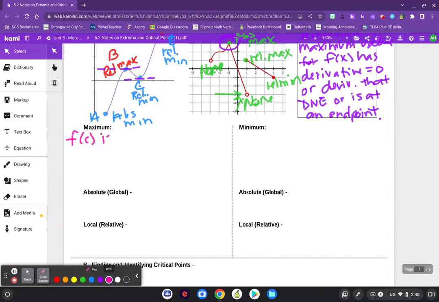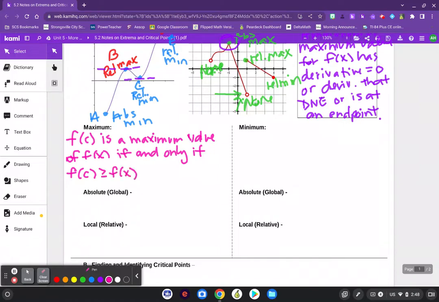So f of c is a maximum value of f of x if and only if f of c, the output at a specific x value, is greater than or equal to all of the other outputs for all x in the domain of f of x.